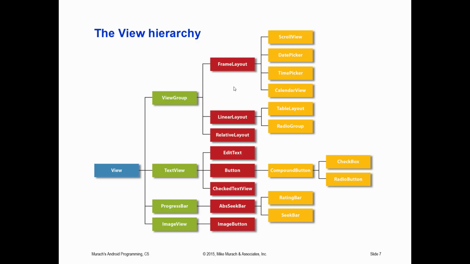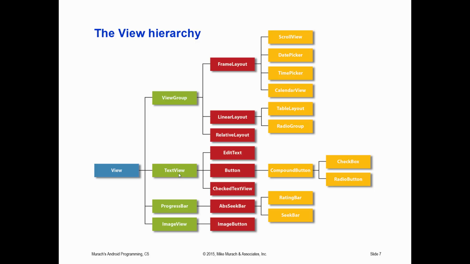So the view class is the superclass for all widgets. The view group that you see up above that is the superclass for most widgets that can contain other widgets. For instance, frame layout, linear layout, relative layout. The text view class, which is in here, there it is, is the superclass for the edit text and for the button. So it is all laid out in a different hierarchy.